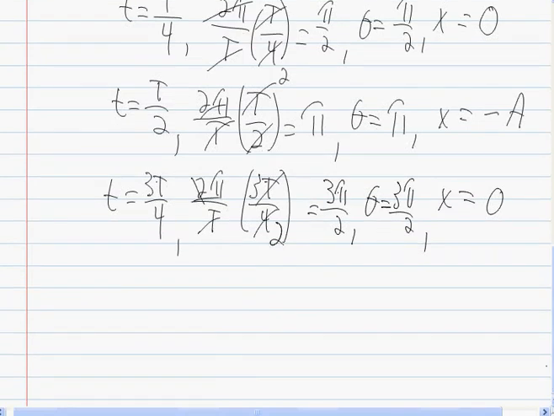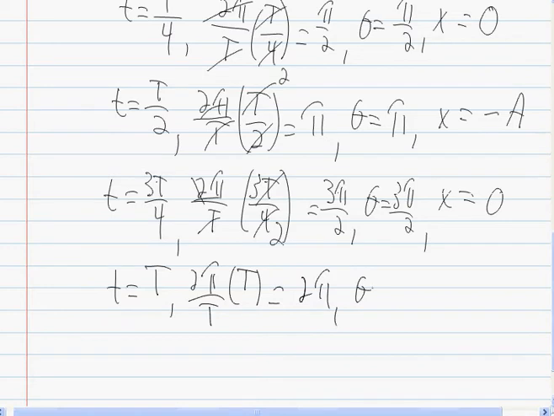And if we go back to where we started, just so we make sure we do, t equals the total period, then 2 pi over the period times the period equals 2 pi, theta equals 2 pi, and x equals positive A again.